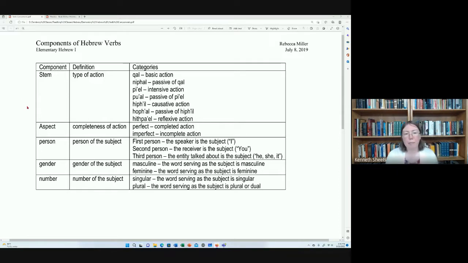And of course, the last time we met 2 weeks ago, we were going over Hebrew verbs. So we had identified the different components of Hebrew verbs.